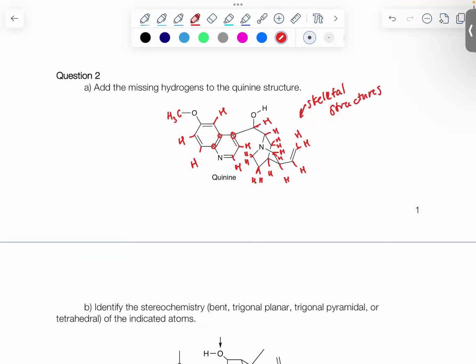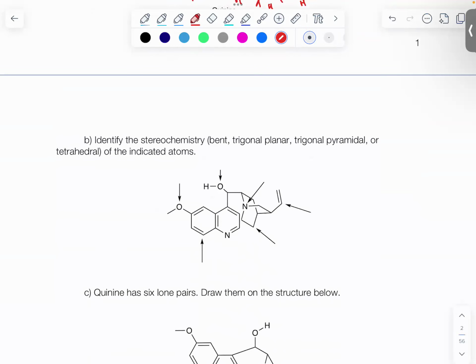Okay. So the next question is identifying stereochemistry of the indicated atoms here. For this one, we want to remember the VSEPR stuff that we covered in class, which helps us determine geometry based on our electrons. So with this first oxygen, we have 2 bonds, but oxygen still needs to follow the octet rule, so there are also 2 lone pairs.